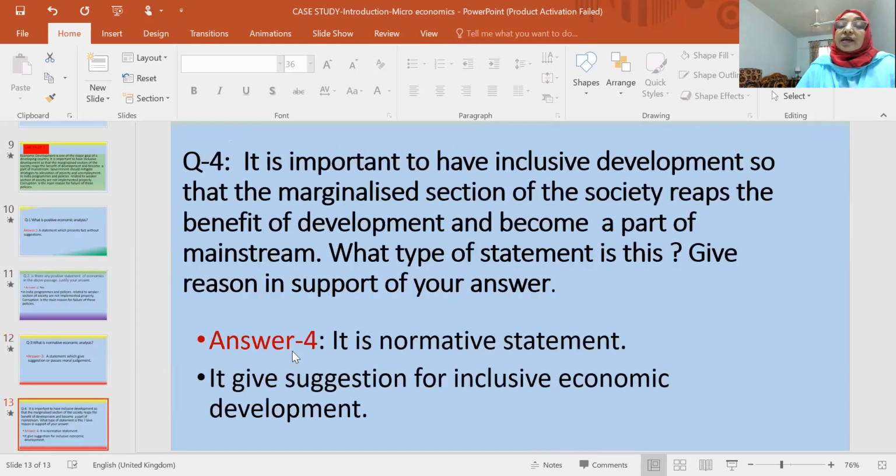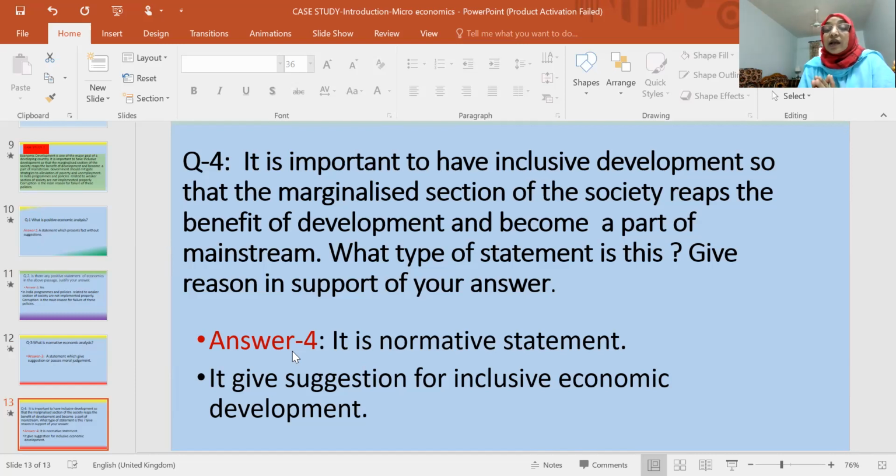Next question: it is important to have inclusive development so that marginalized section of the society reaps the benefit of development and become a part of mainstream. What type of statement is this? Give reason. It is a normative statement. It is saying it is important to have, it is not saying whether it is happening or not.